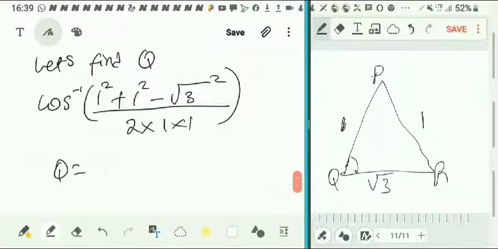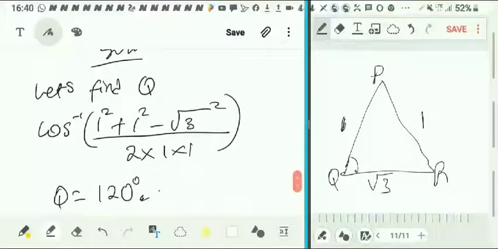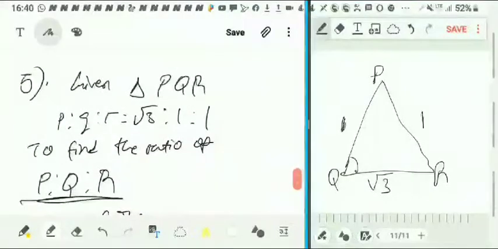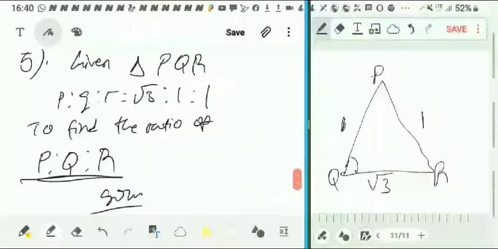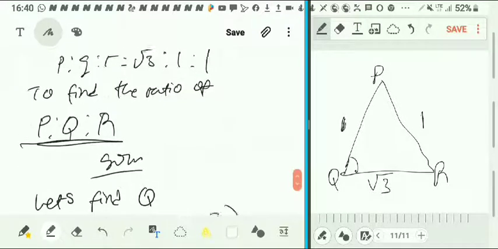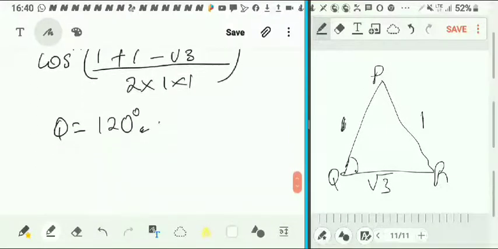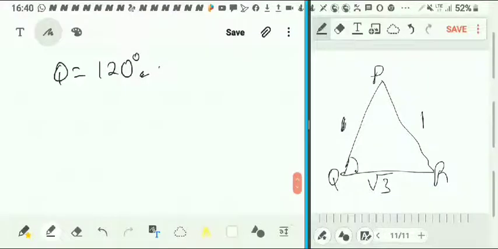So Q is equal to what? When you put this inside the calculator, you have 120 degrees. Now, if Q is 120 degrees, remember the ratio is 3 to 1 to 1.